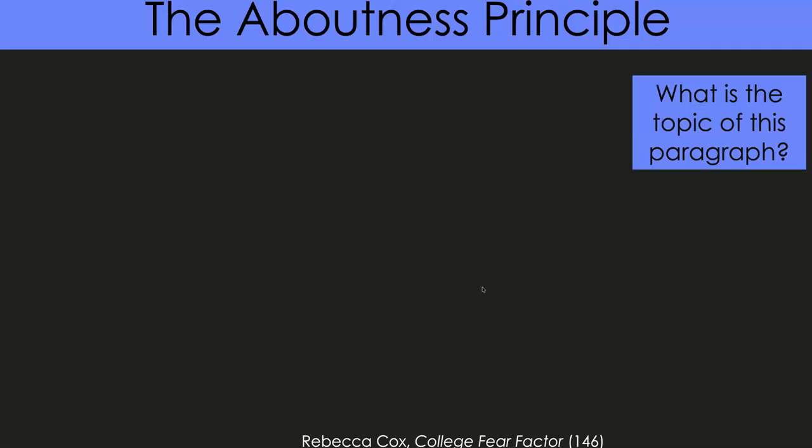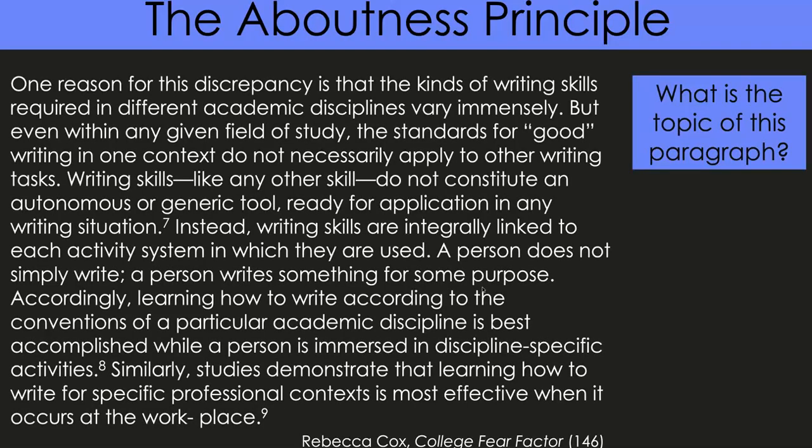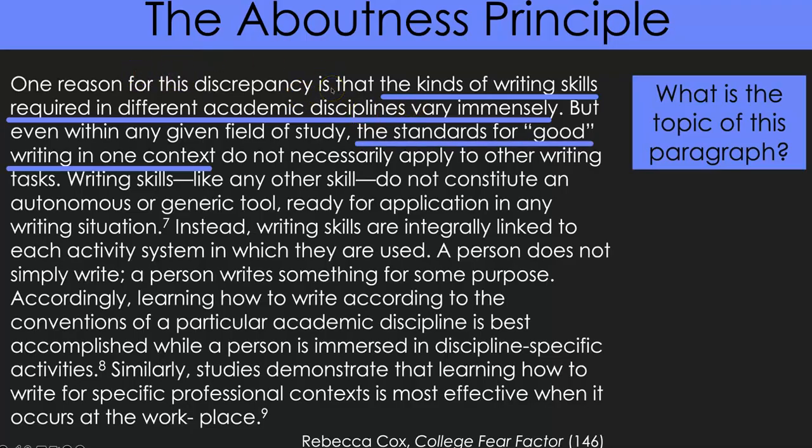If we look at another paragraph in that same section, we can ask ourselves, well, what is that paragraph about? Pull it up, just go sentence by sentence looking for it. Well, this sentence is doing that same thing that the last sentence was doing. It's putting it at the end. The kinds of writing skills required in blah, blah, blah may vary immensely, is one reason for this discrepancy. We can see here that good writing in one context is that sentence. Writing skills, like any other skills.